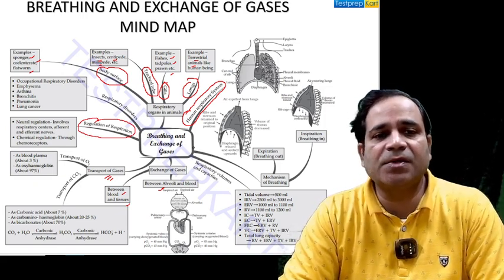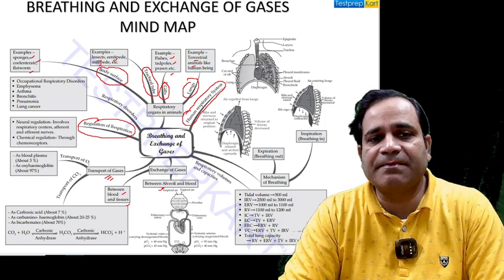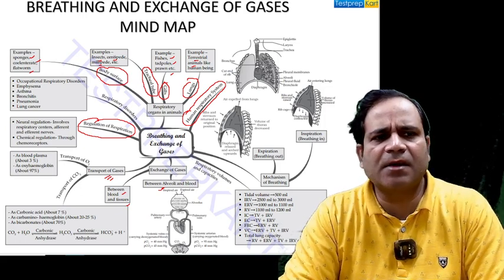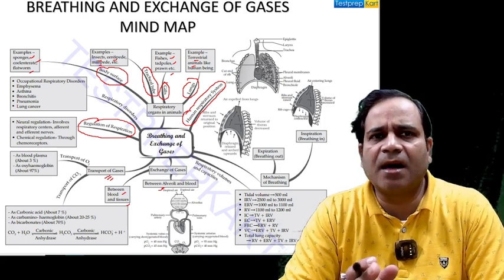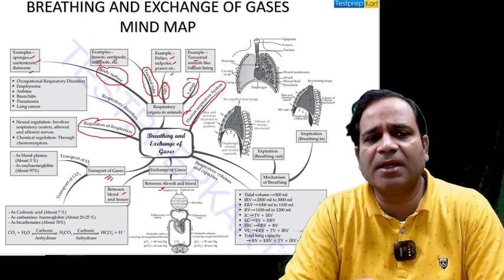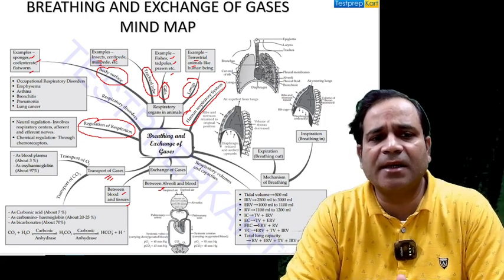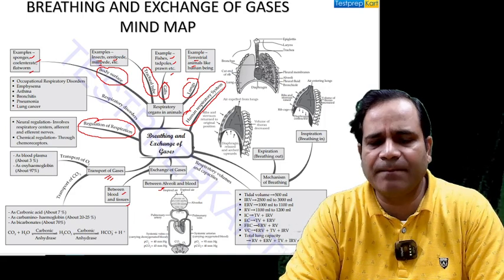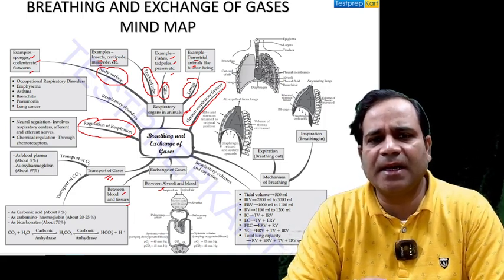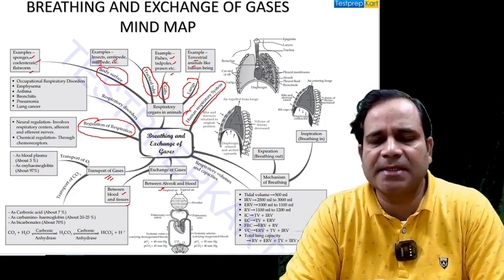This is important to understand. And then the respiratory disorders, such as asthma, bronchitis, pneumonia, lung cancer. These all are respiratory disorders, my dear. Okay. So let me start one by one and understand all these things according to NCERT also.